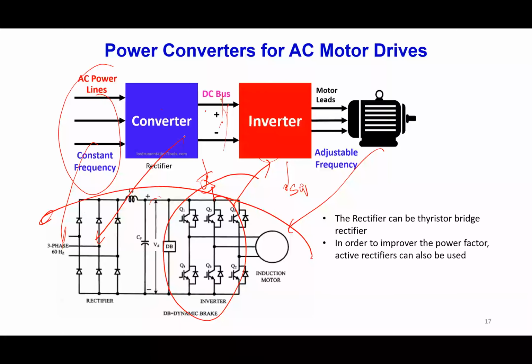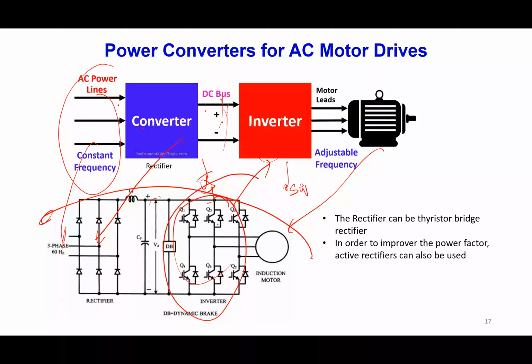That is the rectifier using active devices, like this type of bridge repeated here using IGBTs, for example, or a MOSFET, depending on the power rating, so that we can control the output voltage, and also we can control the input power factor. So go through the active rectifiers also.